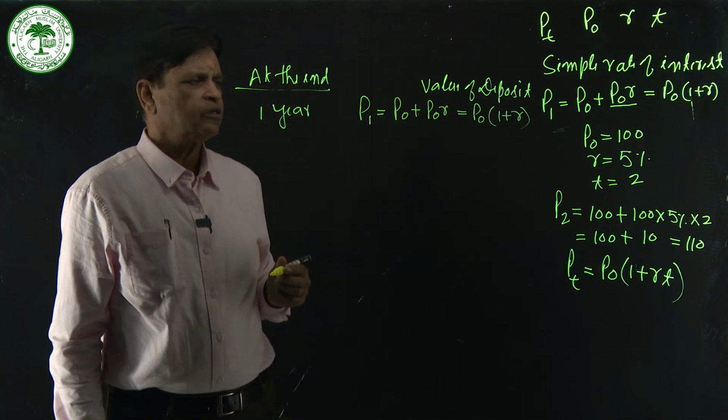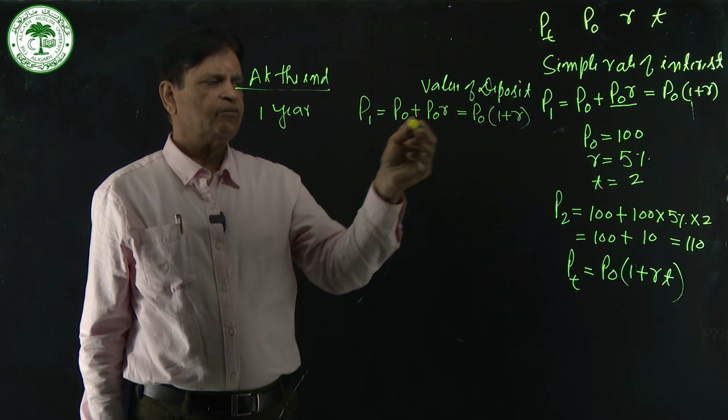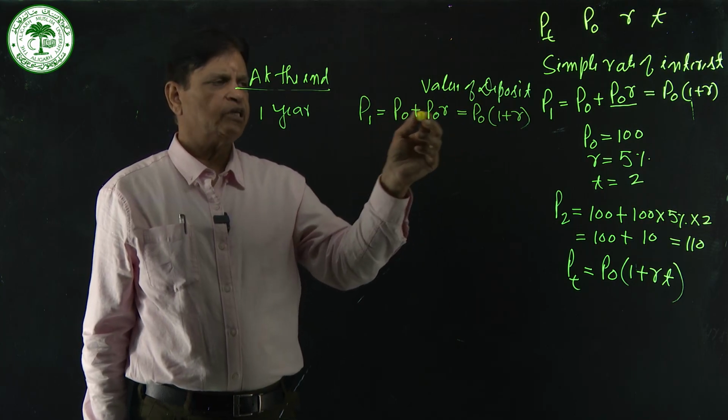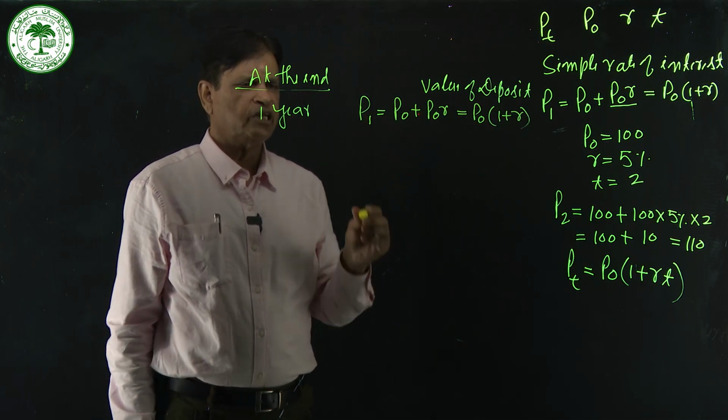This is the amount that you will receive at the end of 1 year. This is the interest income and this is the principal amount. So you add both and you will get P0 (1 plus R) after 1 year.